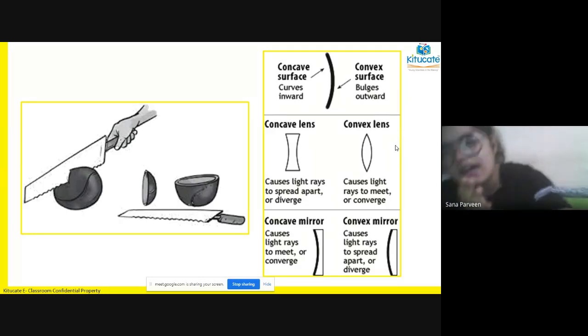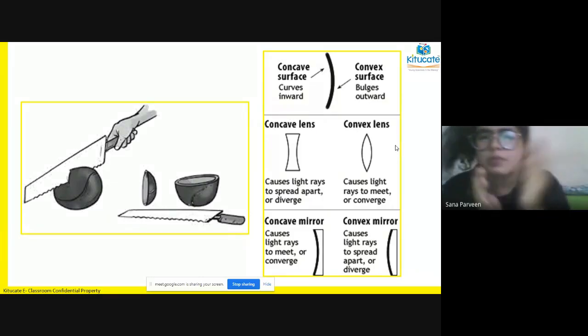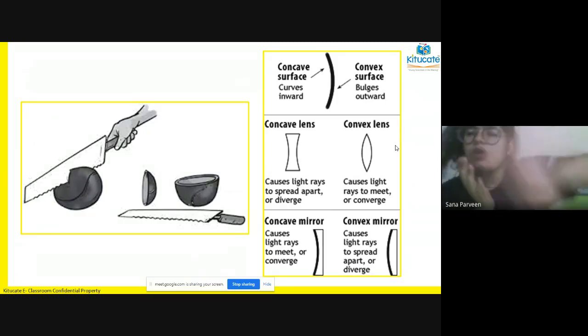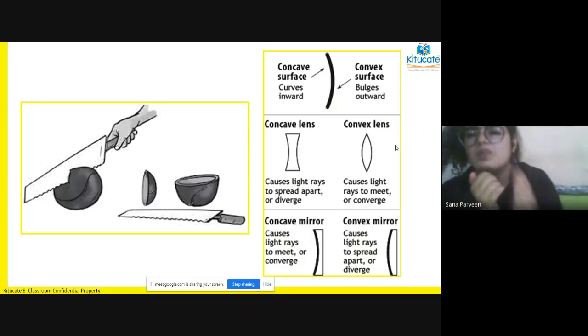So look at the first structure here, which is called concave surface. It is hollow from inside. Whenever you have got anything hollow from inside, we call it a concave surface. And the other portion of it is called convex surface, and here it is written, it is bulging outwards. Concave curves inwards, you're moving inwards into the hollow structure, and convex is bulging out.